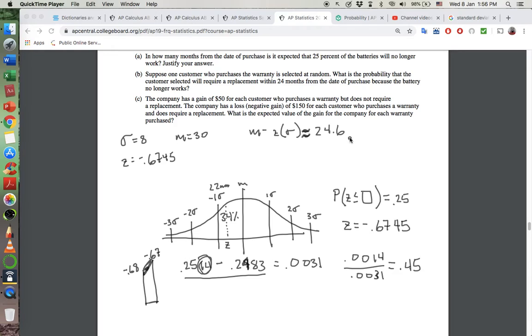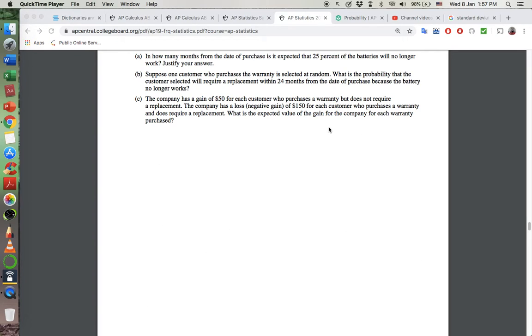All right, so 24.6 months is the time in which we can expect that 25% of the batteries no longer work. So if you are a customer and you purchase one of these phones, then there's a 25% chance that your phone will break within 24.6 months, which is just after the period of time that the warranty expires.